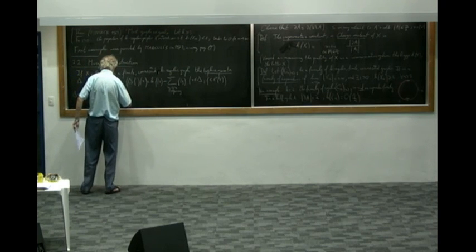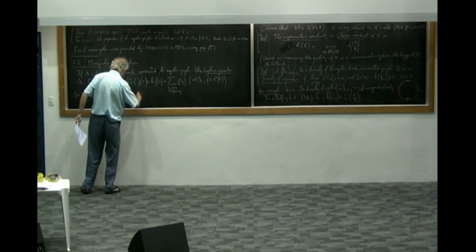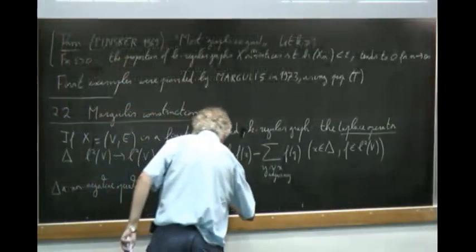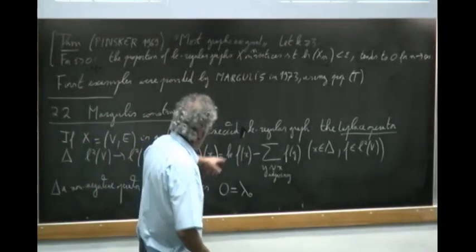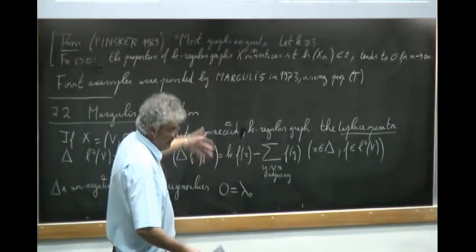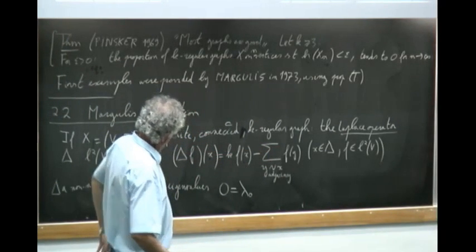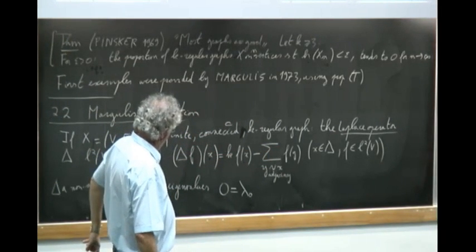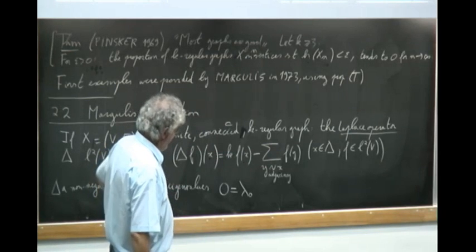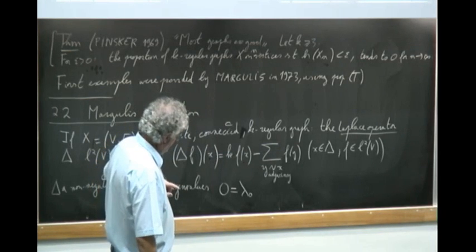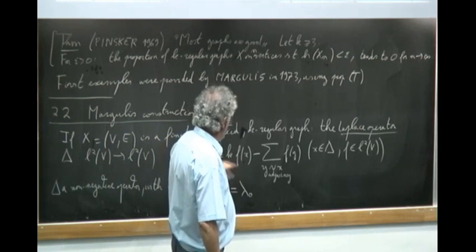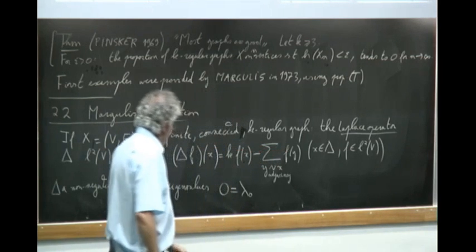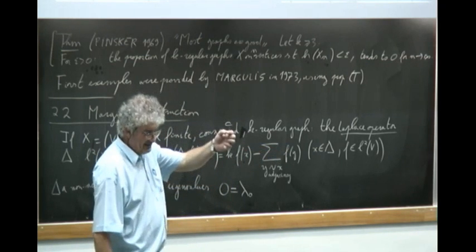with eigenvalues. Well, the first is 0, because constant functions are harmonic, and because of connectedness, they are the only ones. So if you have a function in the kernel, suppose that it's a real valued function.